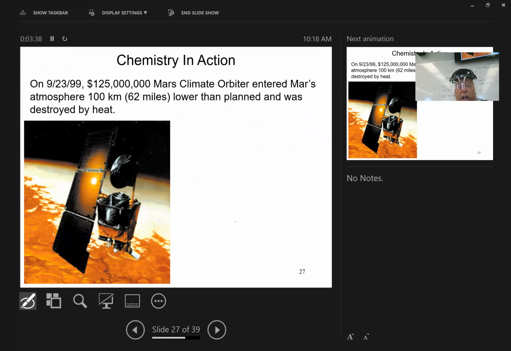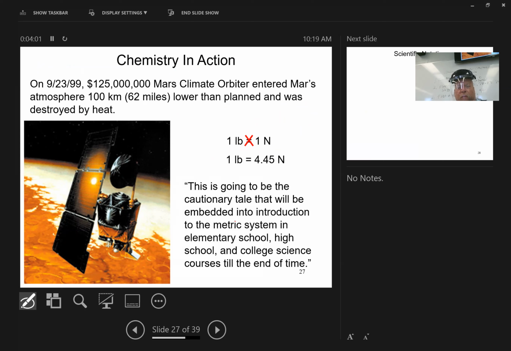Now, chemistry in action. Okay, the Mars Climate Orbiter entered the Mars atmosphere 62 miles lower than planned and was destroyed by heat. Okay, and they made a mistake there where they said that one pound equals 1 newton. It does not. 1 pound equals 4.45 newtons.